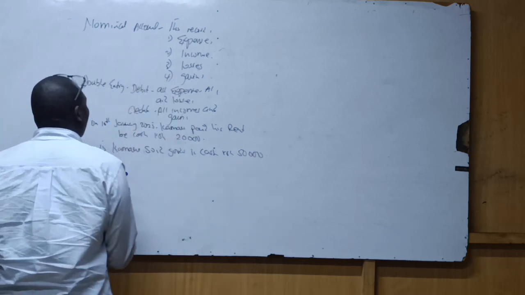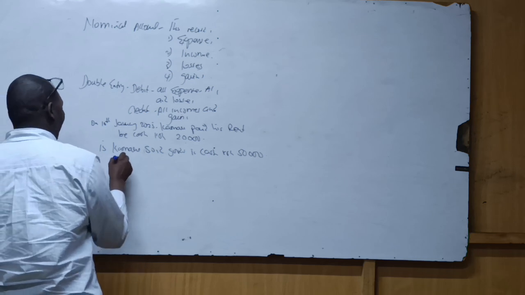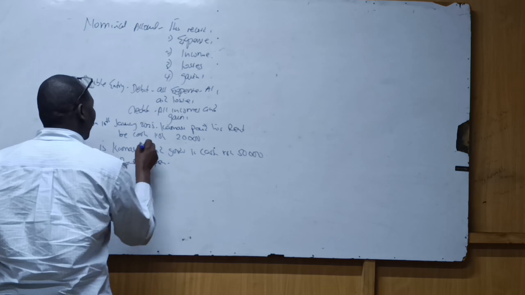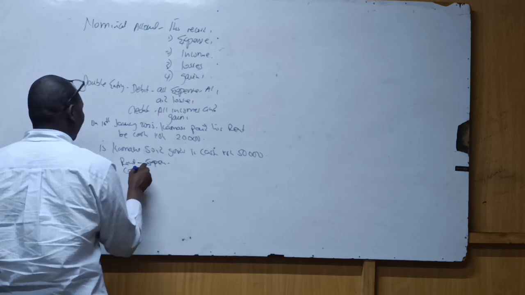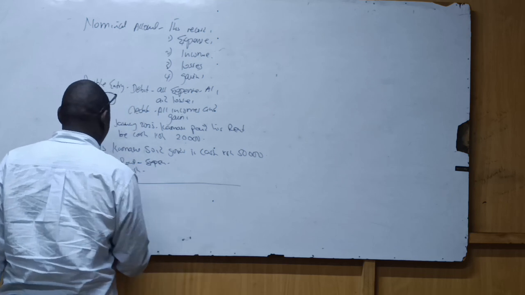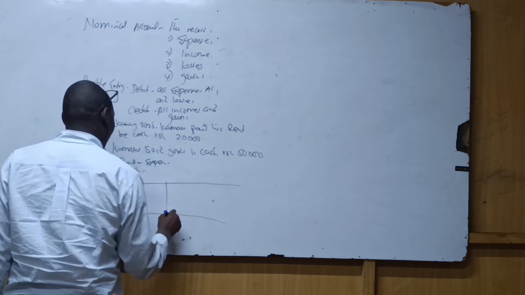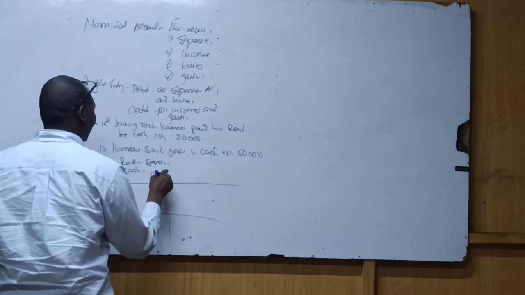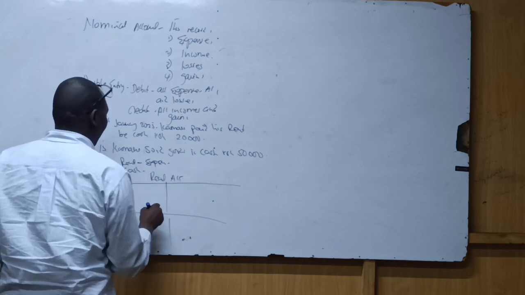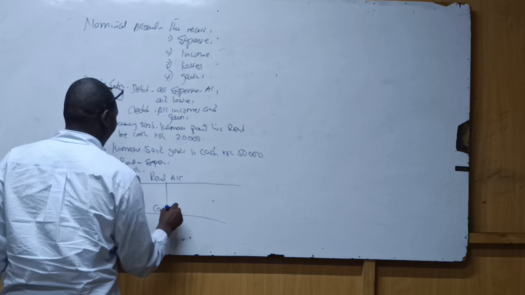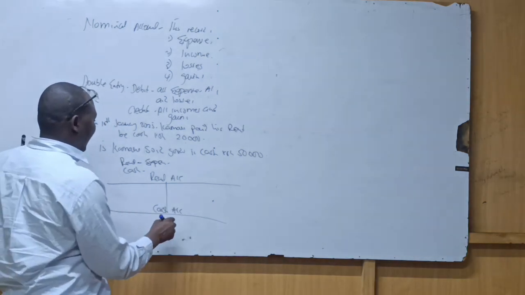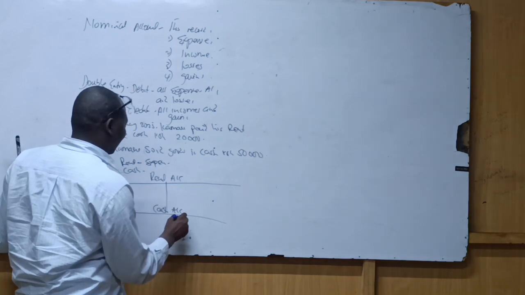Accounts to be affected on the first one are rent, which is an expense, and cash. We open the rent account and the cash account. When you pay rent using cash, what is happening to the cash account? There is a reduction of cash, so we credit.